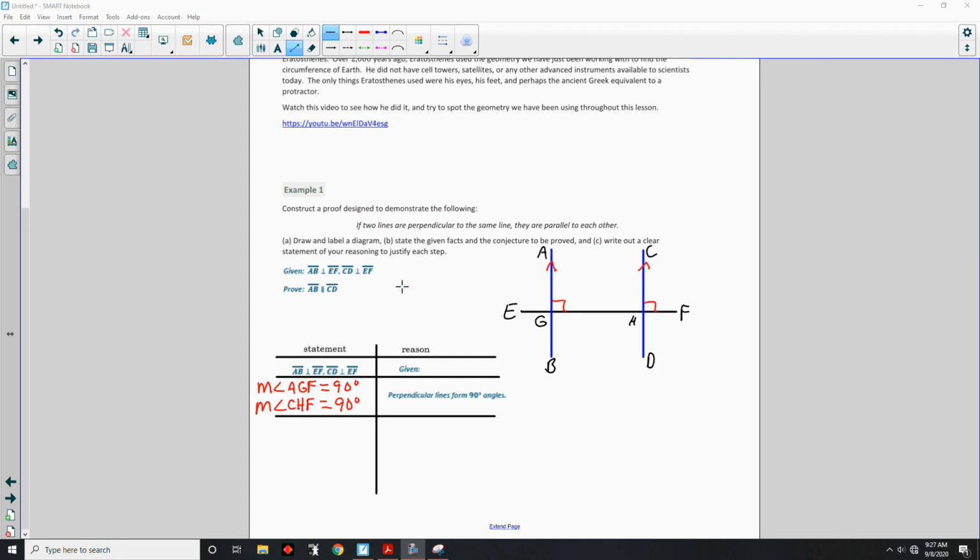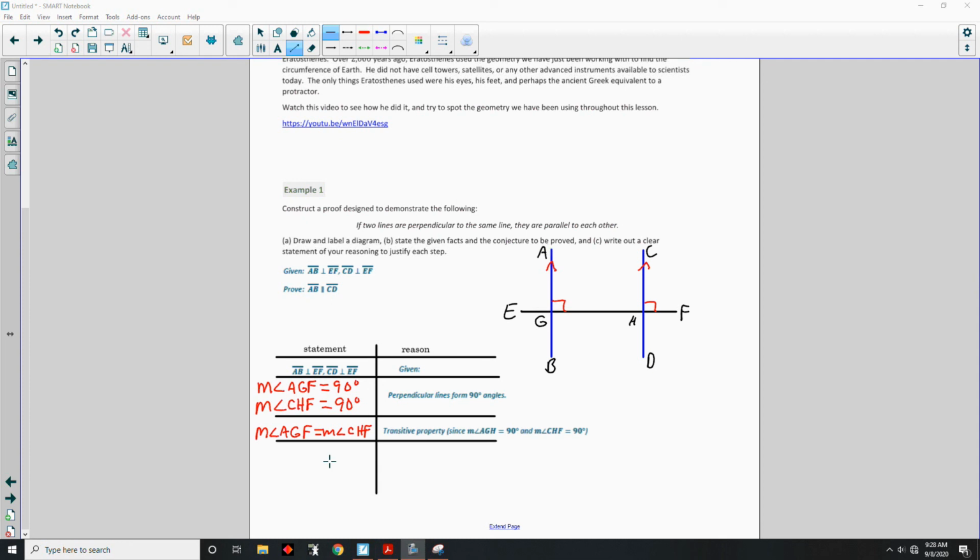Okay, so once we state that, if AGF is 90 degrees and CHF is 90 degrees, can't we now say that the measure of angle AGF equals the measure of angle CHF? Of course we can. Then we can say it's because of the transitive property.